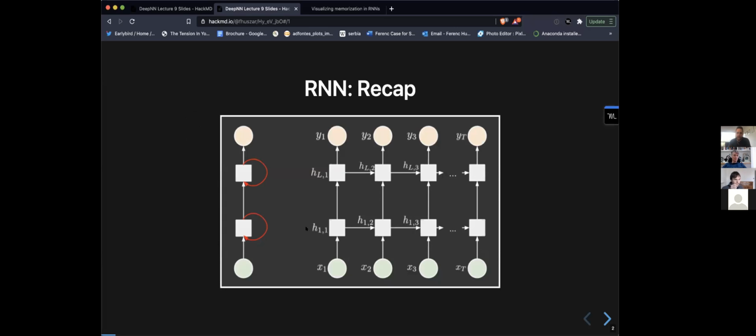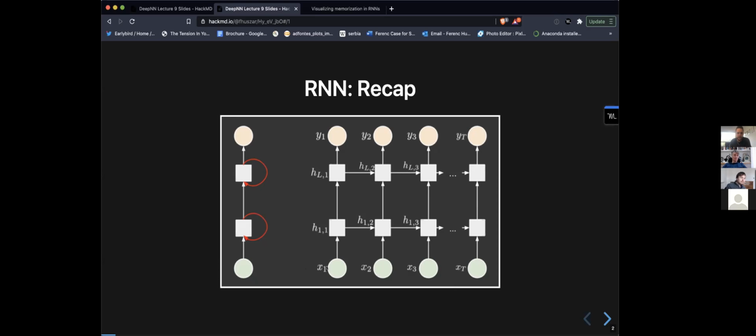So this was the figure that I put up about recurrent neural networks last lecture. The key point here is that the input to the network, at the bottom, is a sequence of symbols or values, and we call these individual symbols time steps.